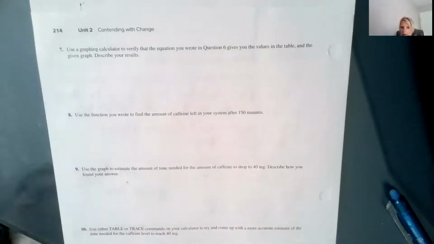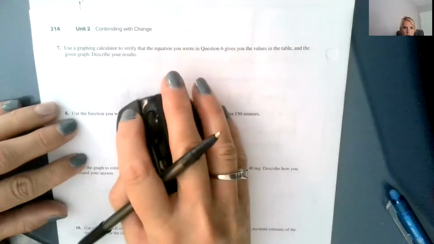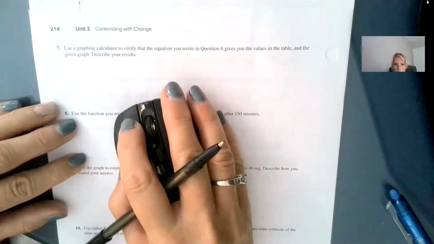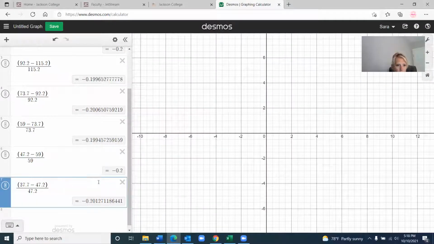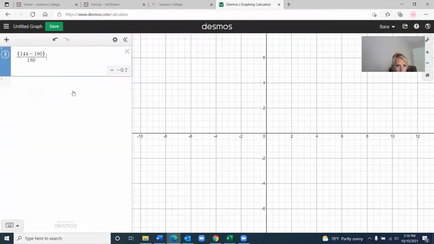So number 7 says, use a graphing calculator to verify that the equation you wrote in question 6 gives you the values in the table and the given graph. Describe your results. Okay, so let's go to Desmos here. I'm going to delete these that we no longer need. And we're going to type in y equals 180 parentheses 0.8 to the x.